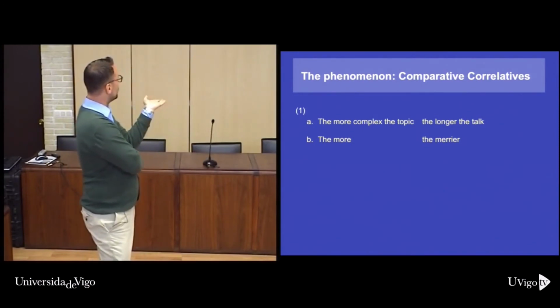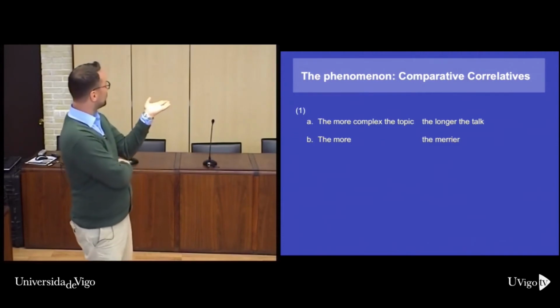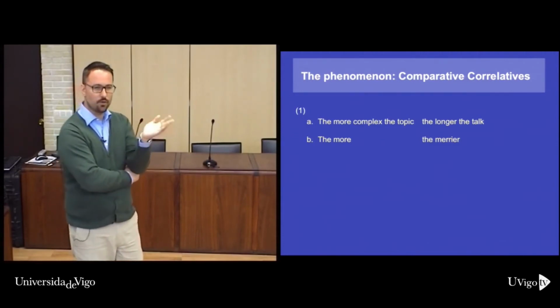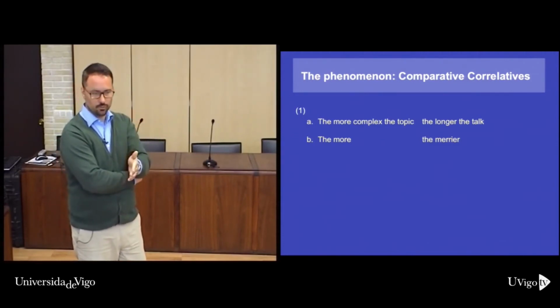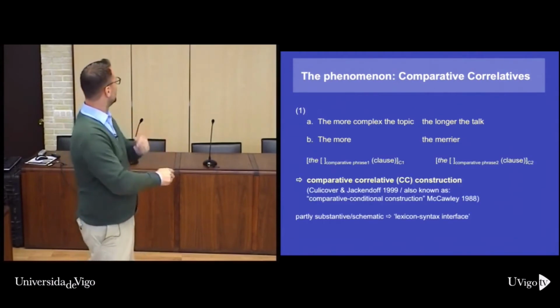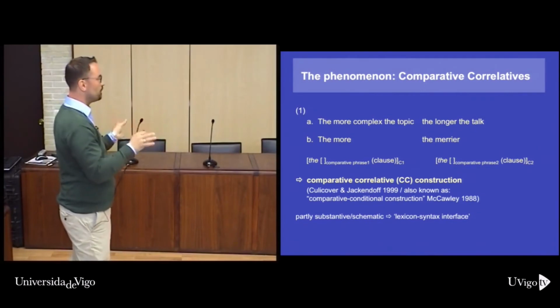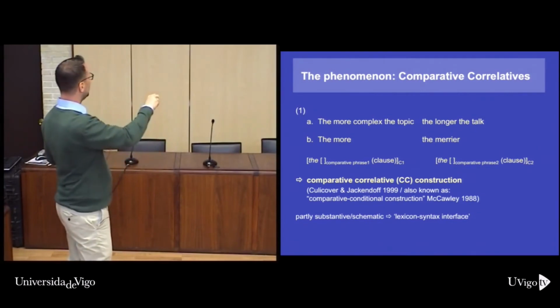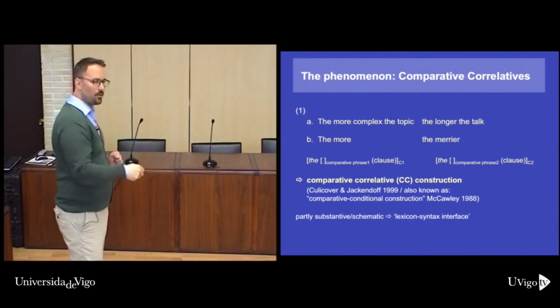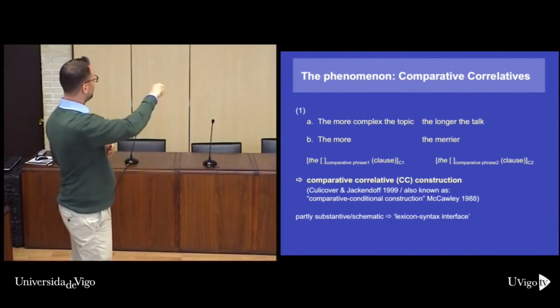Comparative correlatives, the more complex the talk, the longer the talk, the more the merrier, work in that way. You've got the, introducing two clauses. The construction that you have, if we just focus on the word level and the more syntax level, is a the, followed by a comparative phrase, which can be more complex or louder, and then perhaps followed by a clause, because you can also delete it, and the same mirrored in the second one.